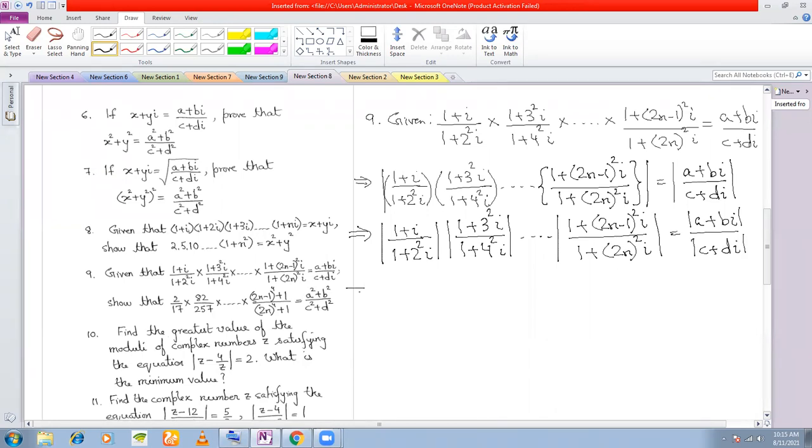Right. Now in the next step, you can also distribute the modulus over the numerator and the denominator. And this will continue.